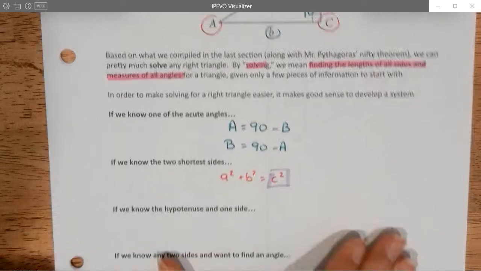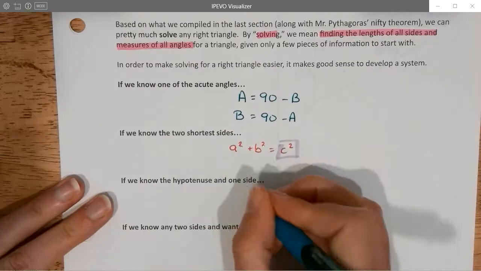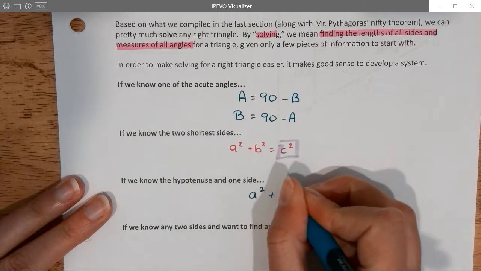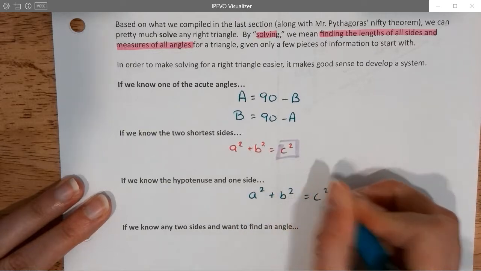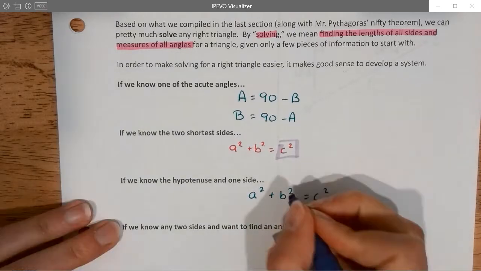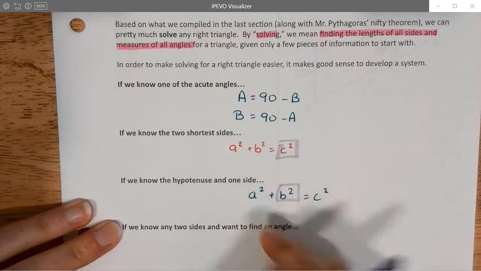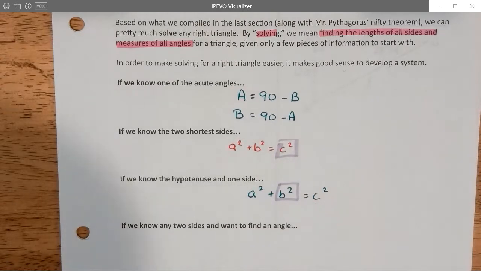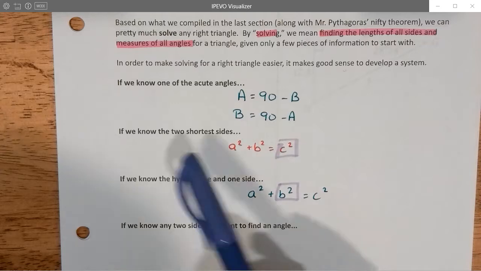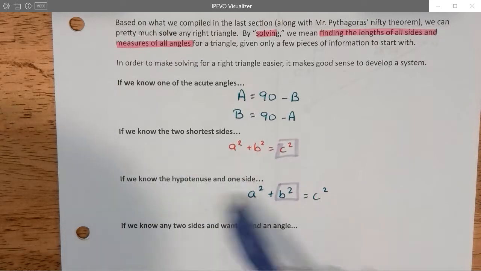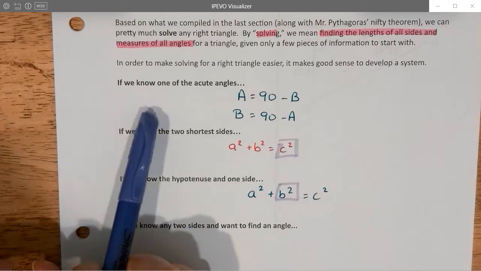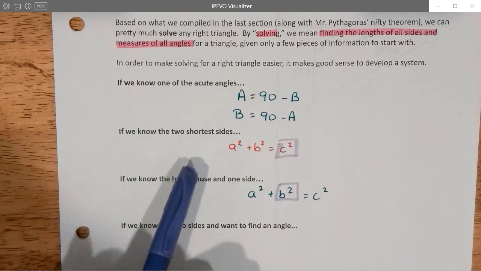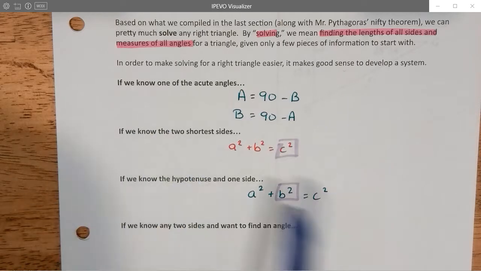If we know the hypotenuse and one side, I have the same thing, a squared plus b squared equals c squared, but this time I'm looking for one of the sides. Let's say it's b, so I would subtract a squared over, and solve for b using the square root. It doesn't matter which side I'm looking for. If I know two sides, I can find the other side. So if I know two angles, subtraction gets me the third. If I know two sides, the Pythagorean theorem gets me the third, no matter which two I know.